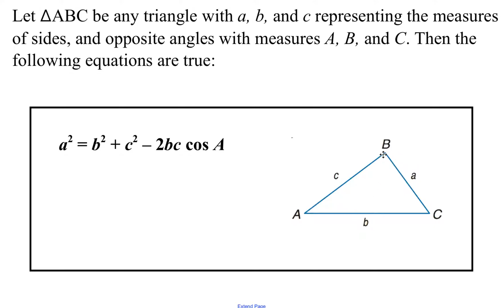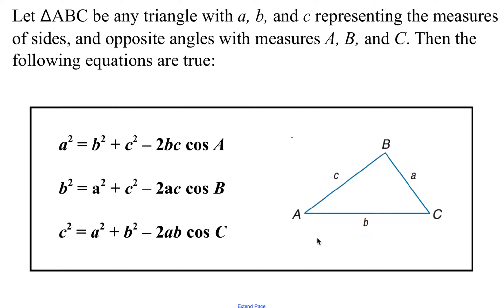If we want to find side b and we know angle B and sides a and c, we can do that. And then the third formula is c squared is a squared plus b squared minus 2ab cosine C.